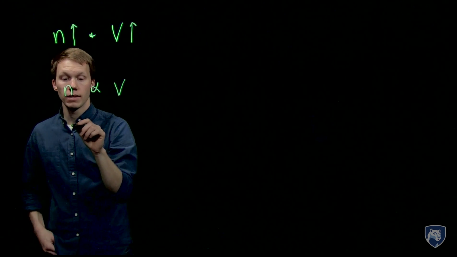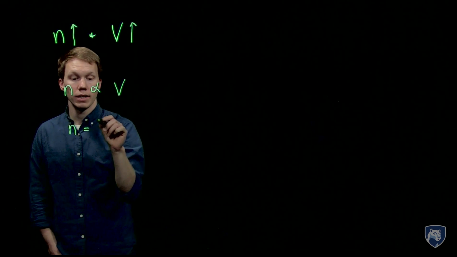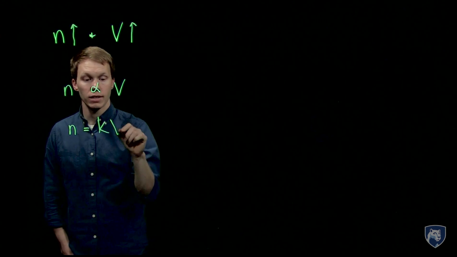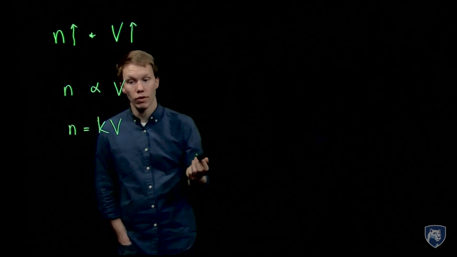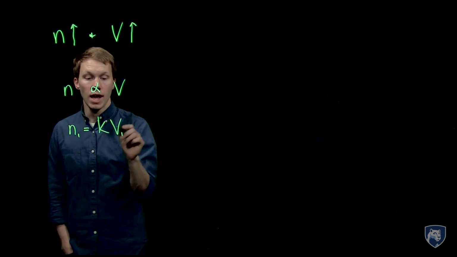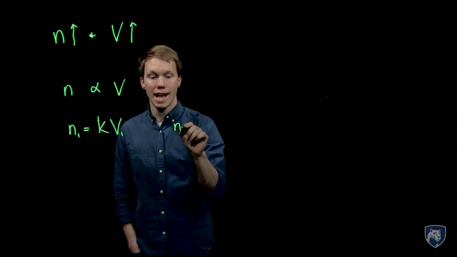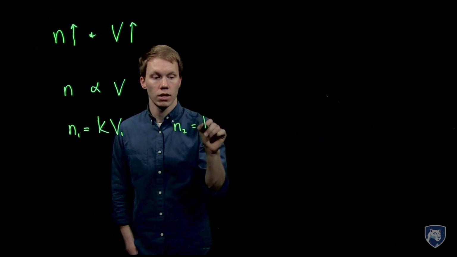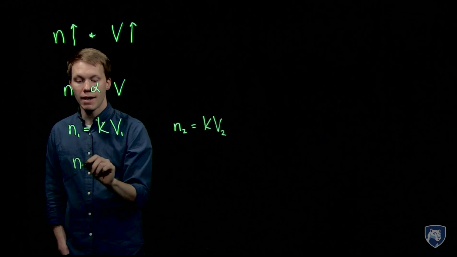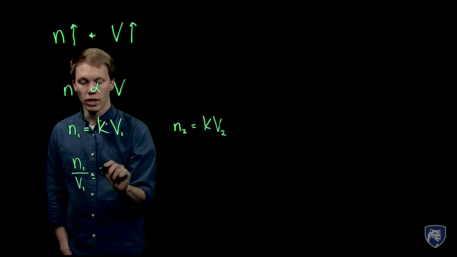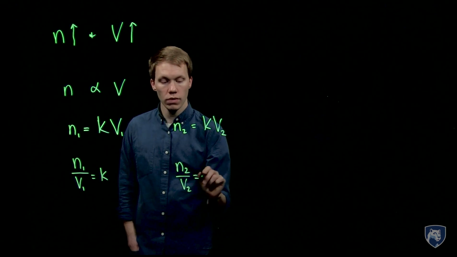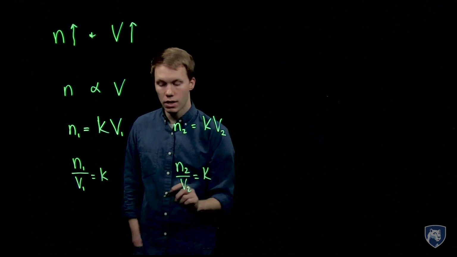So we can set up an equation here where N is equal to K times V, much like we did for the pressure-volume relationship. And if we have a before and an after, we can derive a relationship here that can be used to solve, again, change of state equations.